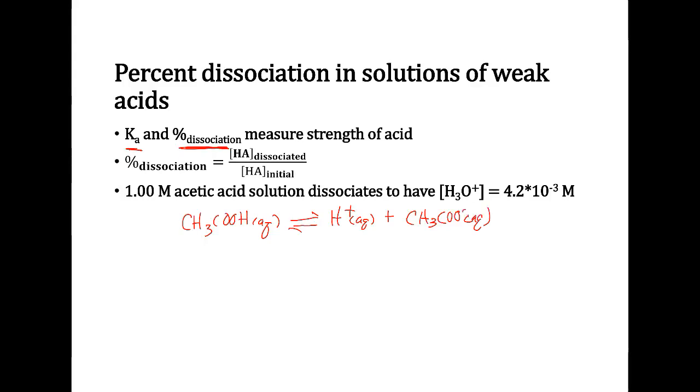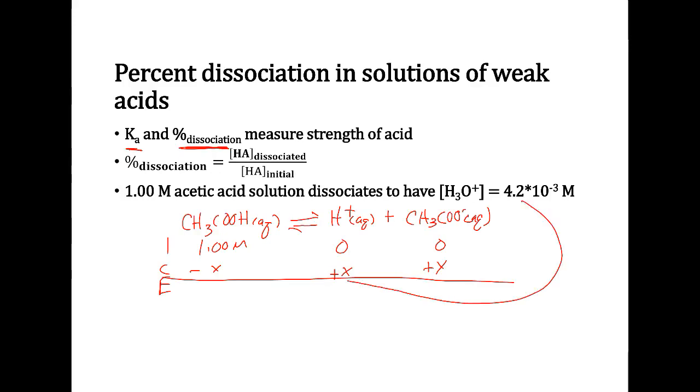Okay, so the initial here is 1 molar acetic acid. We'd assume we have 0 H+, 0 acetate. We set up the change, and then what we would be able to do is plug in this concentration here for our equilibrium concentration. So that means that this is the change.